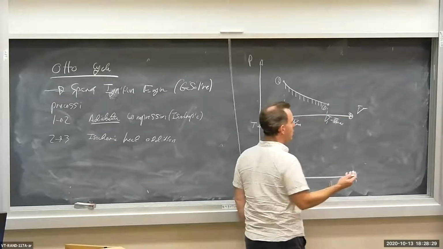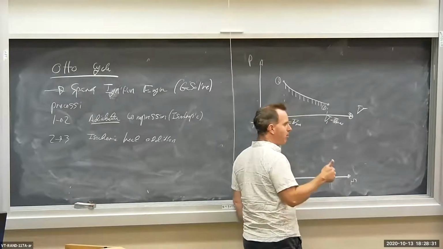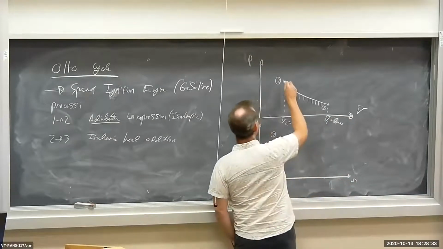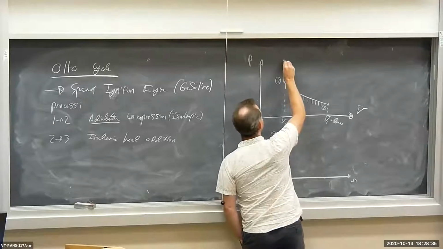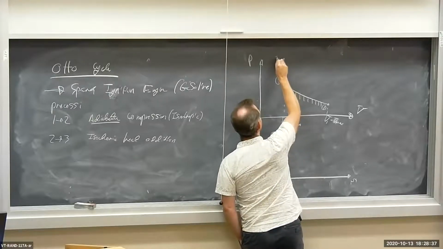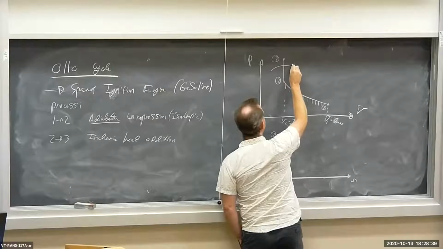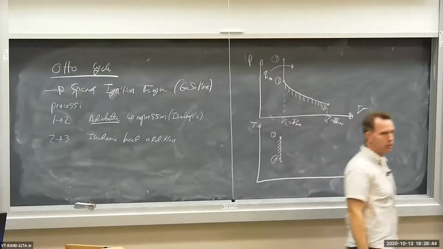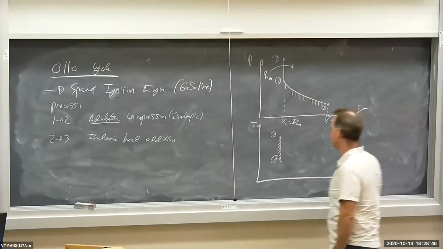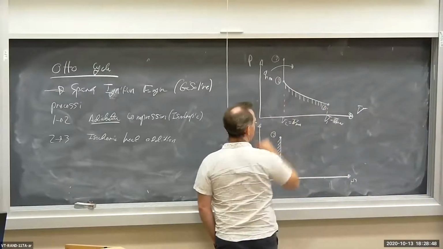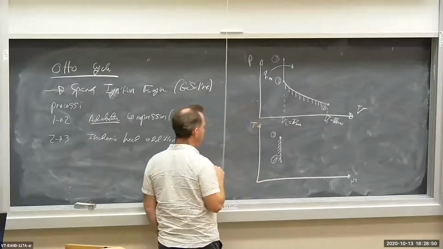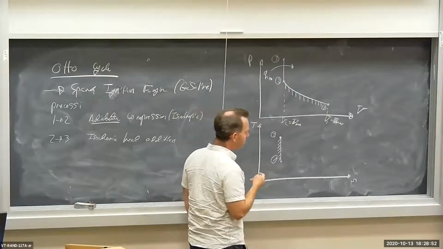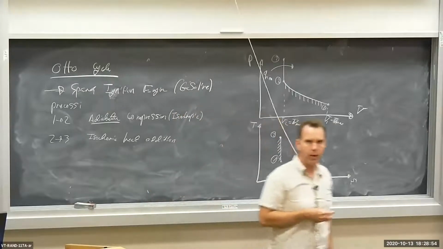So if heat is released, temperature and pressure go up. So we are adding heat Q in during the constant volume process. State 2 to state 3 is constant volume. And of course, temperature is going up and entropy is going up as well.